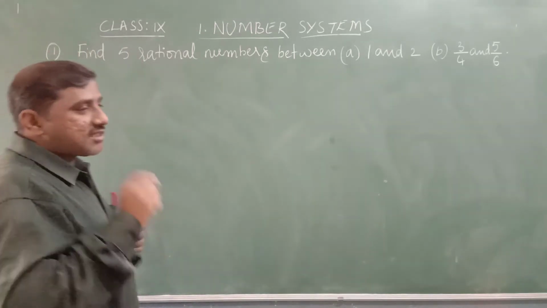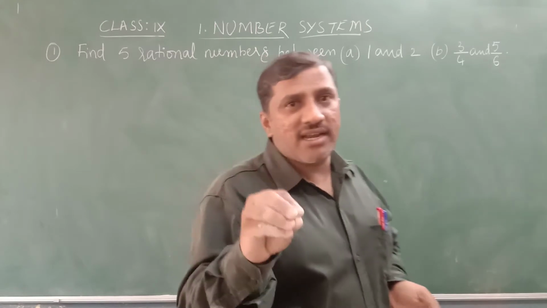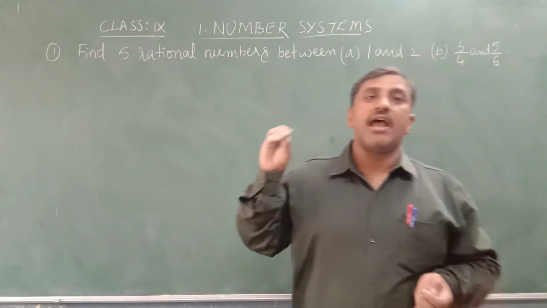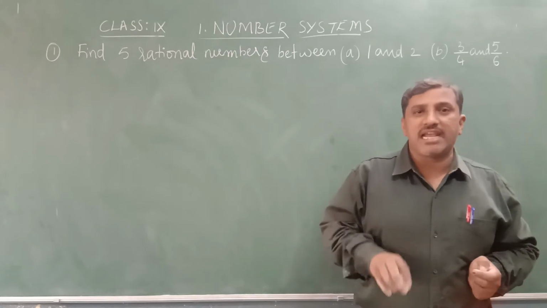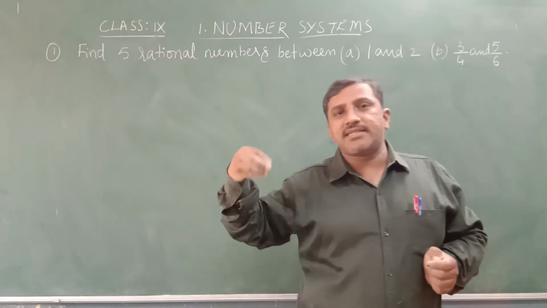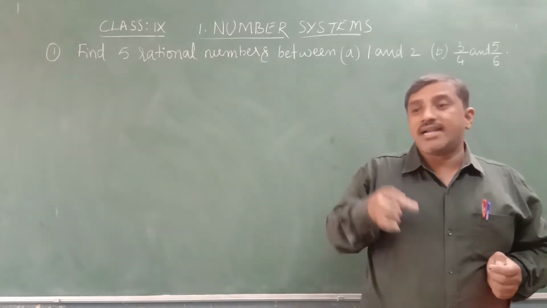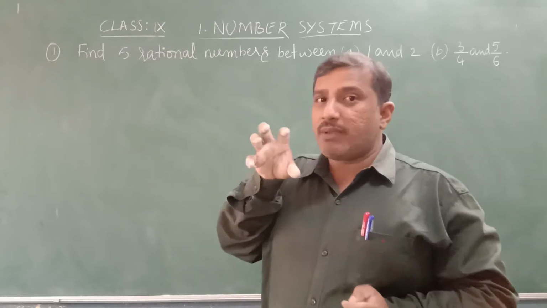First step: we should express the given rational numbers in the p by q form. If they are not in the p by q form, express them in that form and see that their denominators are equal.